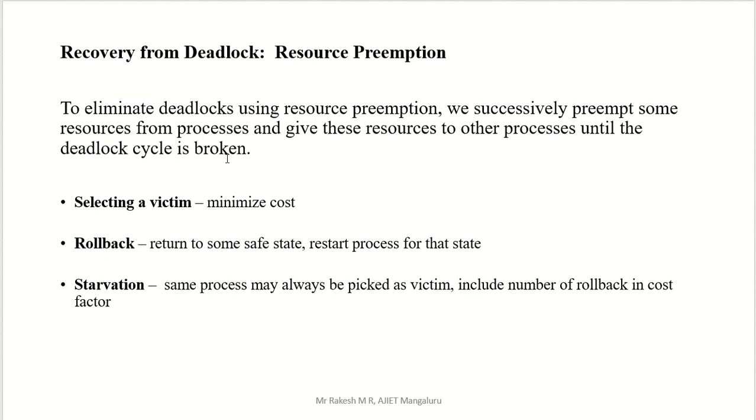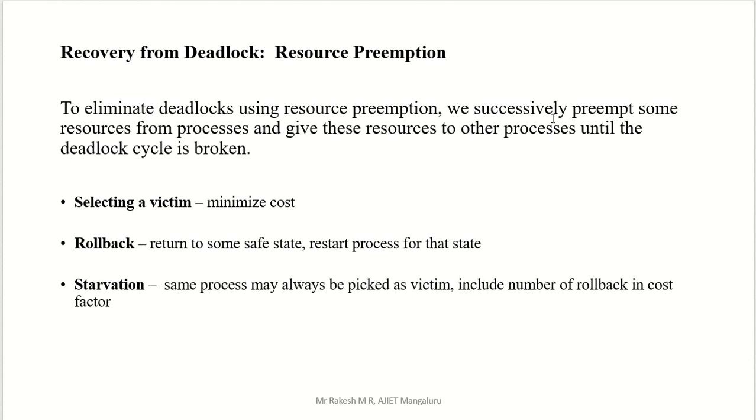Recovering from the deadlock by resource preemption. Consider we have two processes, P1 and P2. We are going to take a resource from P1 and give it to P2. That is the concept we apply here, resource preemption. Why are we doing that? To avoid deadlock.